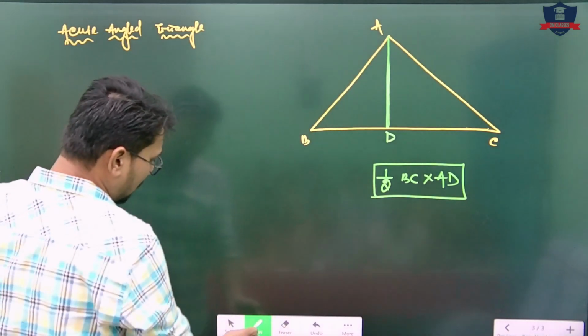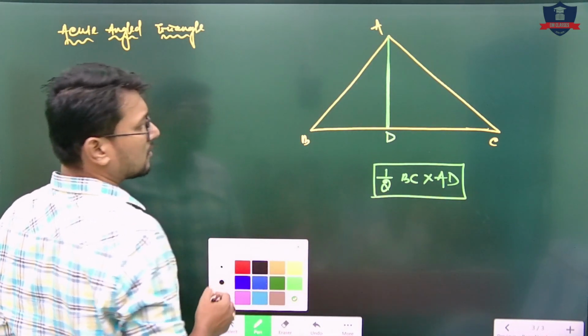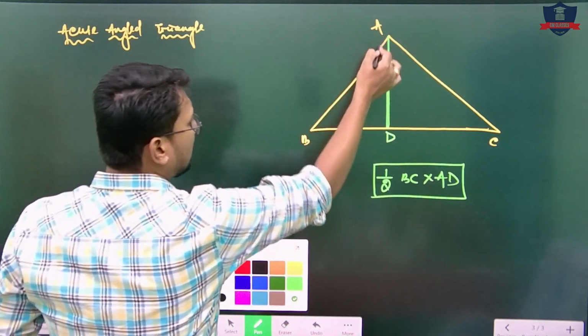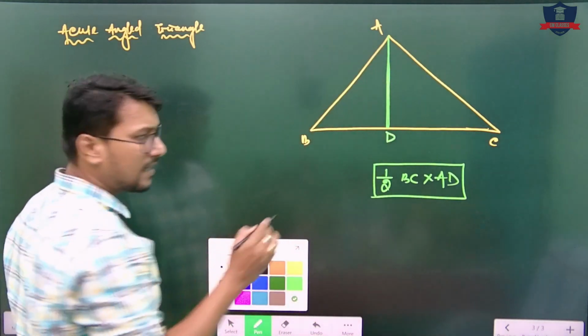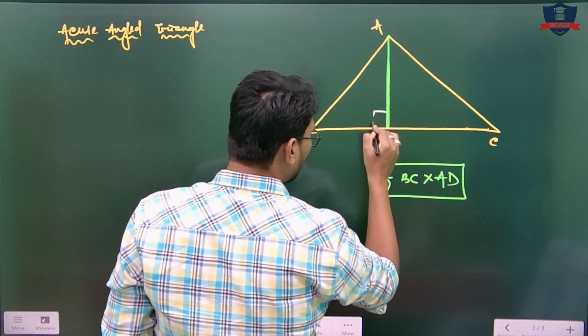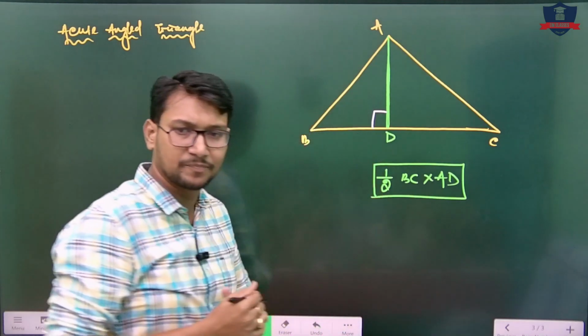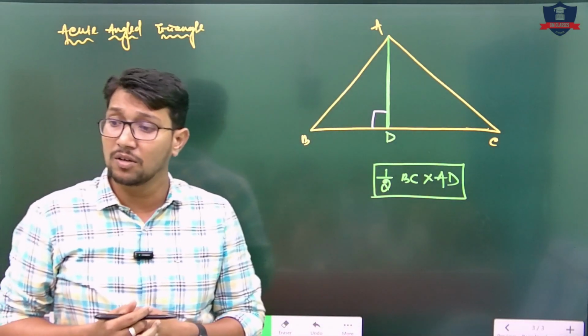So for that, what do we have to do? We have to draw a construction. Now check karo, we have drawn AD. AD is perpendicular to which one? BC.